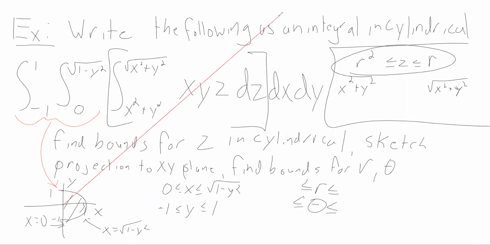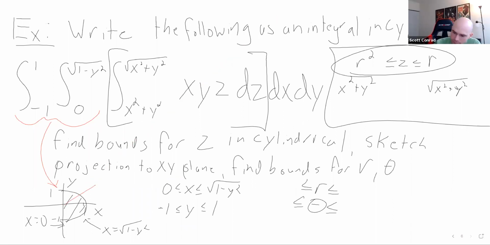Zero to 1. Right, so the origin's in there, so r is bounded below by 0. And we go out to the circle of radius 1, which is r equals 1. So r goes from 0 to 1.